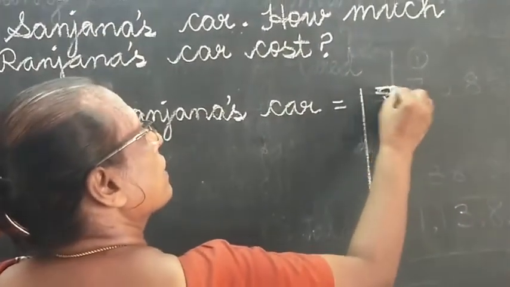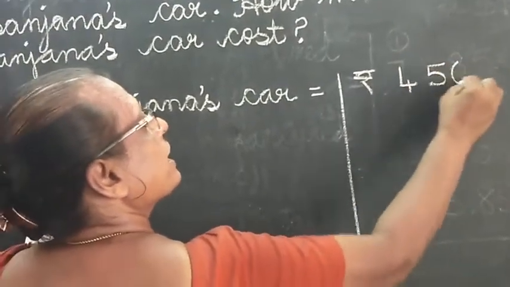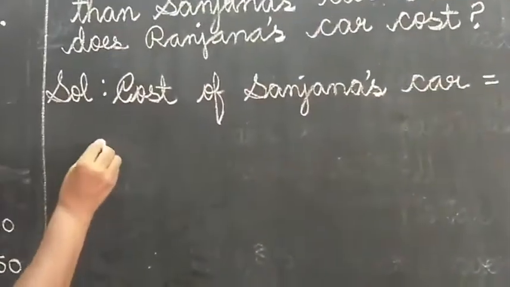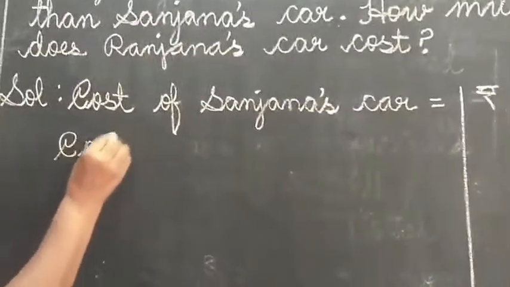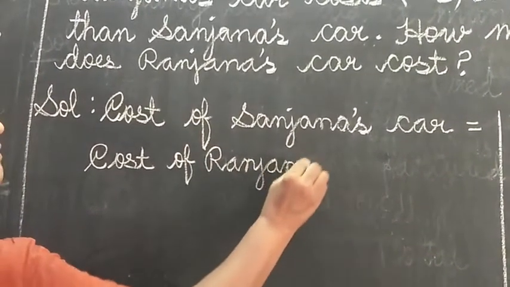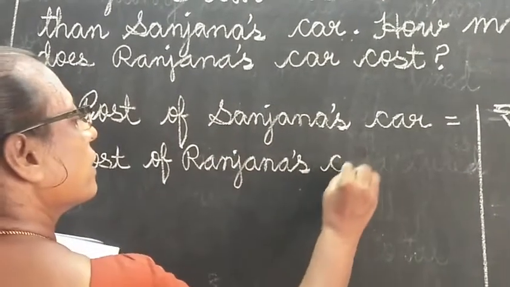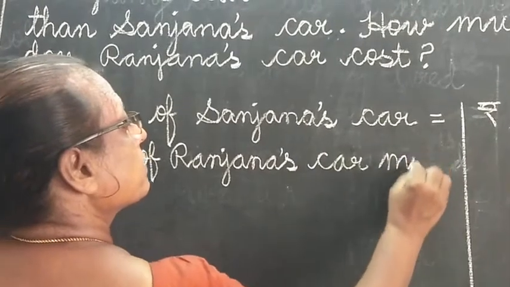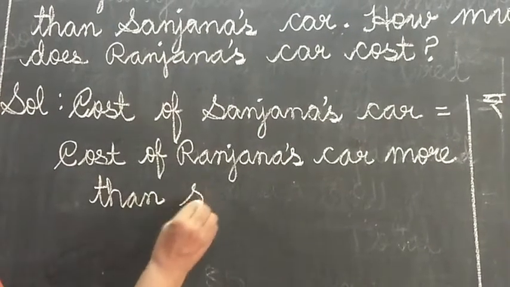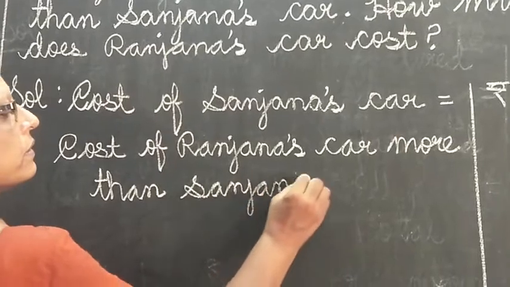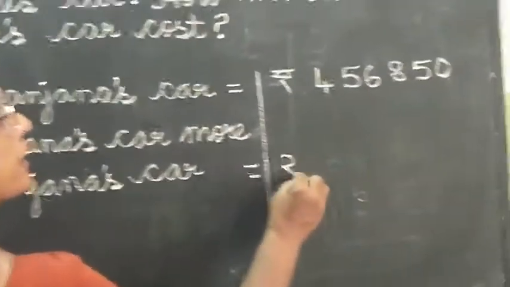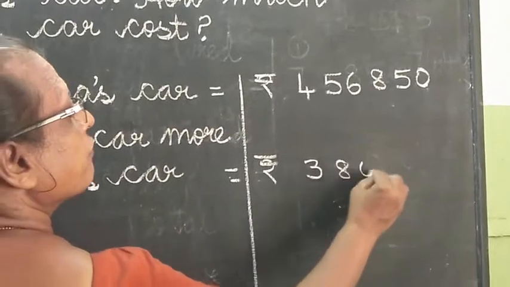Rupees 4,56,850 and cost of Ranjana's car more than, how much children? 3,80,500.